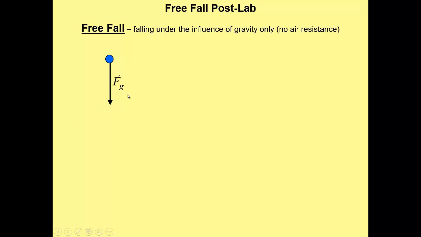Now, because gravity is the only thing acting on it, there is a net force. And as we know from Newton's second law, net forces result in accelerations. Net force is mass times acceleration. So in this case, the only force is gravity, which acts down, which makes it negative. Notice I put the negative here and I took the arrow off.